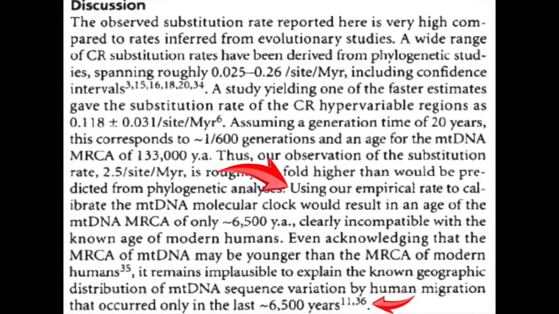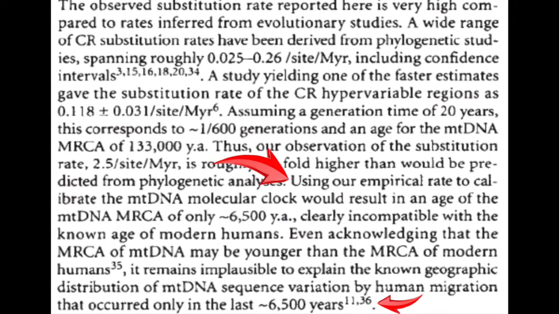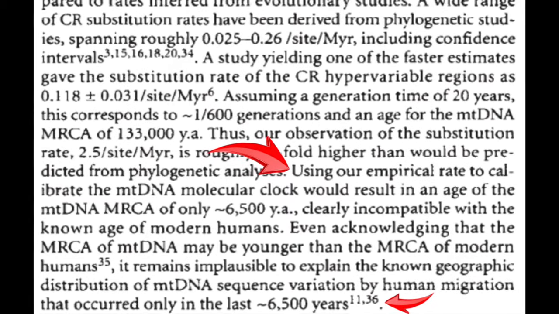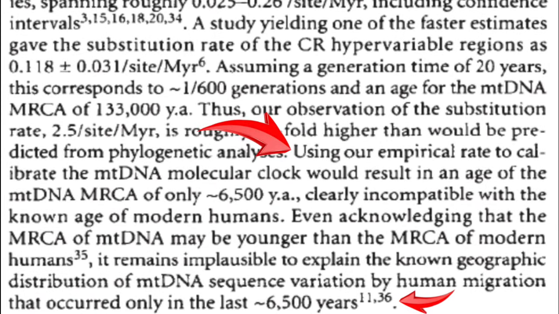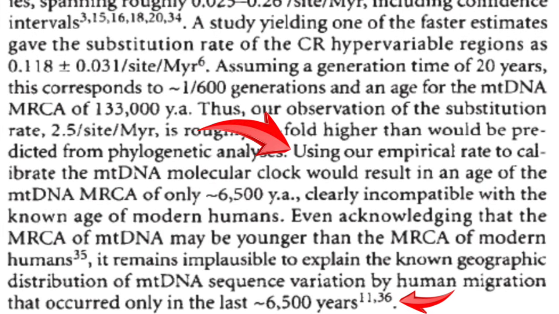I'll just read part of this here, starting at the first red arrow. I'm just going to read word for word so you can see for yourself that it's not just some made-up young Earth creation argument. "Using our empirical rate to calculate the mtDNA molecular clock would result in an age of mtDNA most recent common ancestor of only 6,500 years, clearly incompatible with the known age of modern humans.